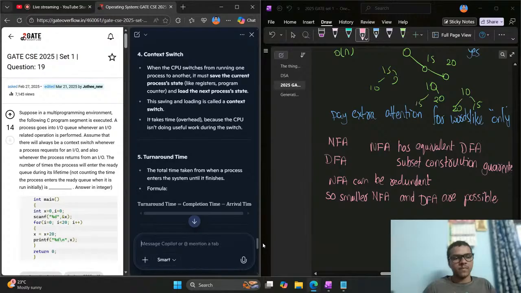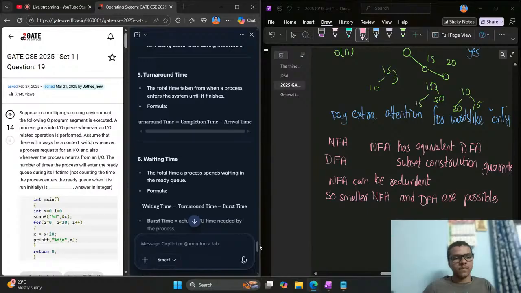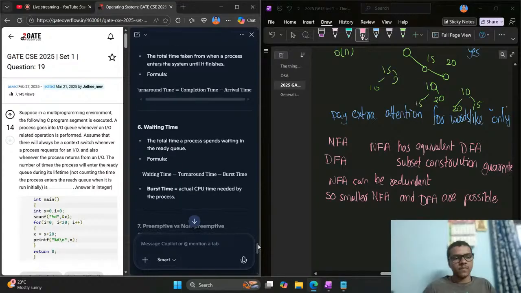Turnaround time, the total time taken from when a process enters the system until it finishes. Completion time minus arrival time. Good. Let's say the process entered at 12 o'clock and it completed at 12:05. I mean, the processes are not that long, but just as an example, the turnaround time is 5 minutes.